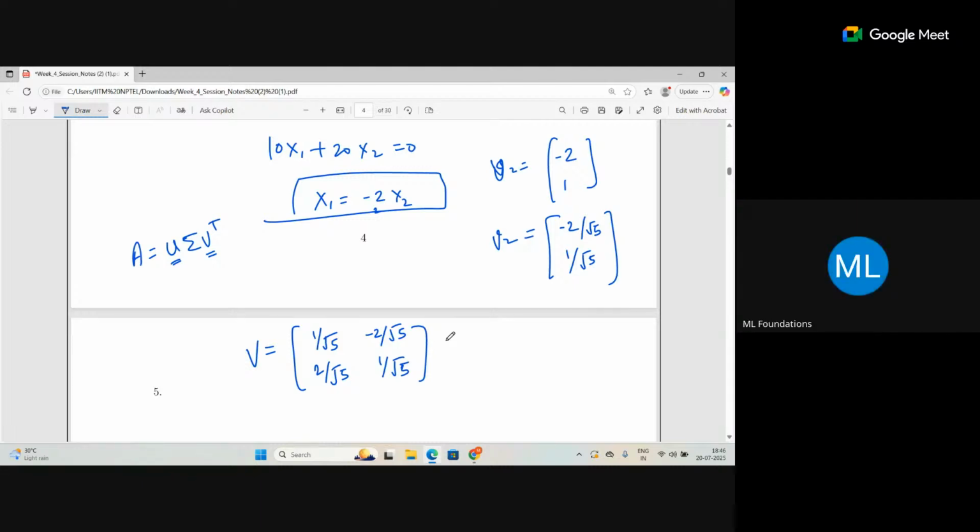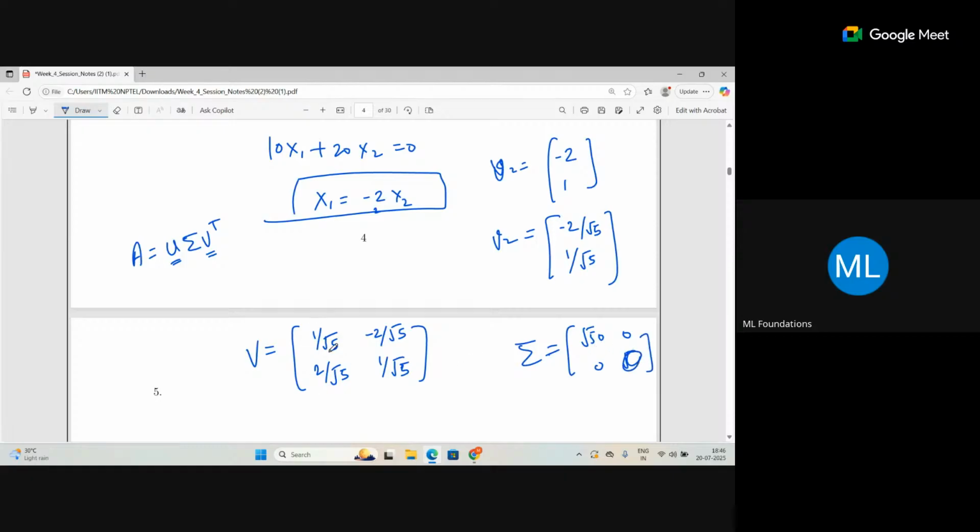Sir, this one should be organized in descending form, because your sigma was like this, no? Sigma was root 50, 0, 0, 0.